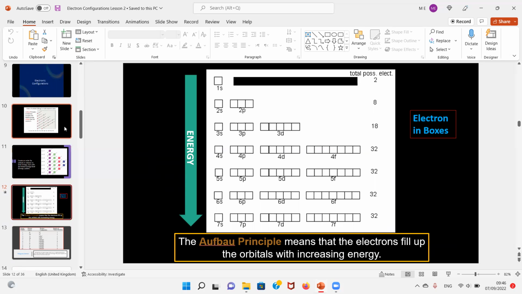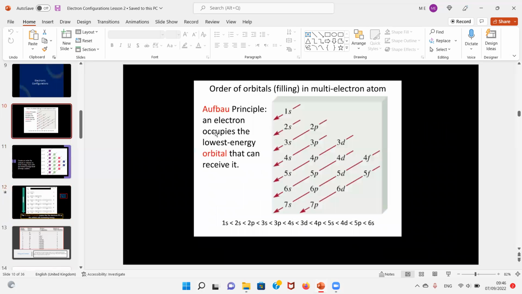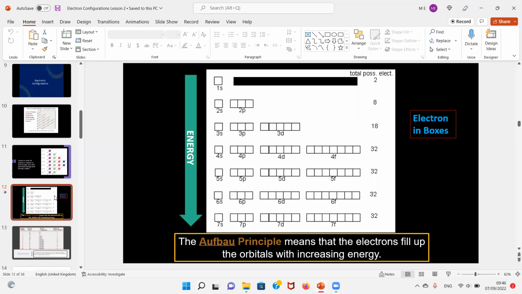The difference is that we have converted this diagram into boxes. So this is something we call electron in boxes. So if you are asked to draw or to write the electron configuration in the form of electron in boxes, then you should use this.